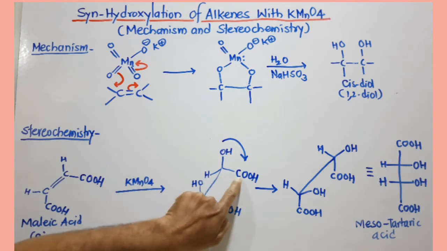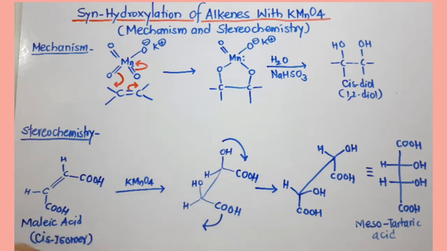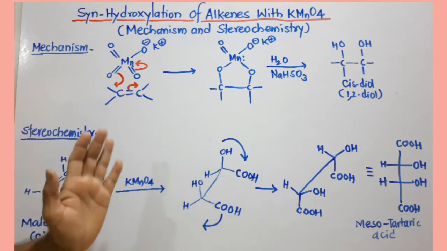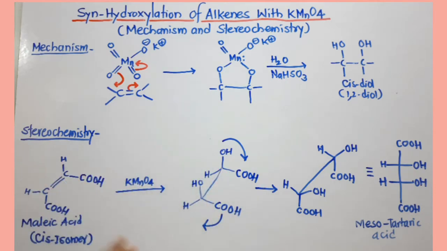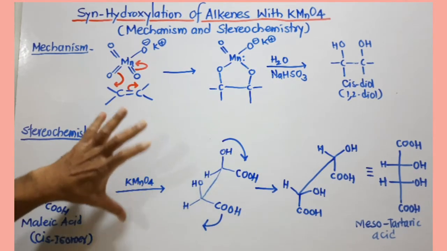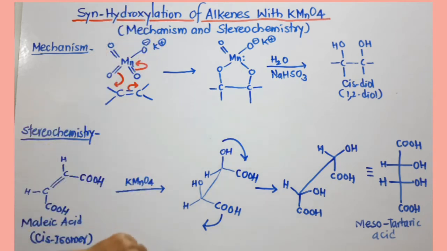So this H and this H, this is the Sawhorse projection formula. Similarly, I'll join OH here at this carbon and do the same thing, this hydrogen and this COOH group move down. Now this is a representation of this product after addition of KMnO4 and hydrolysis.